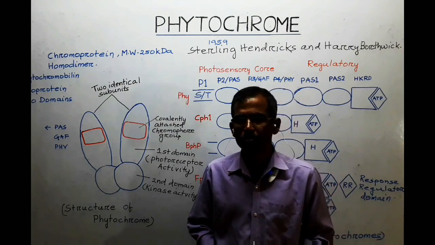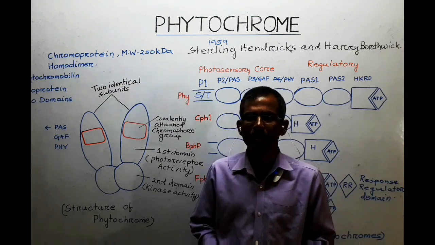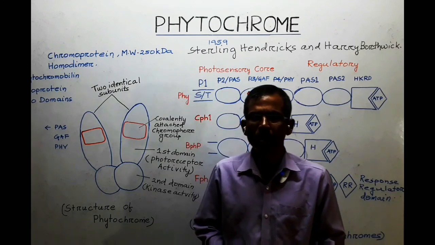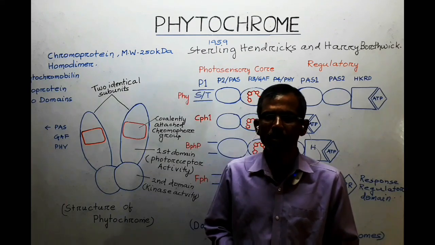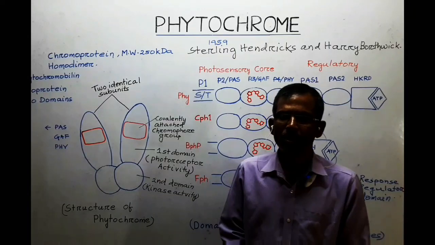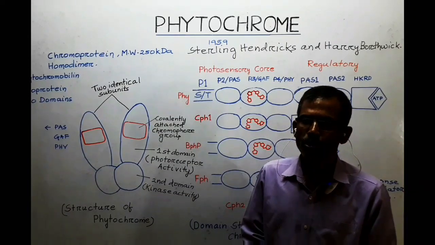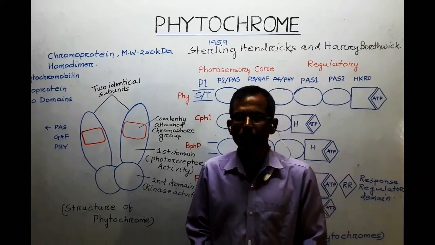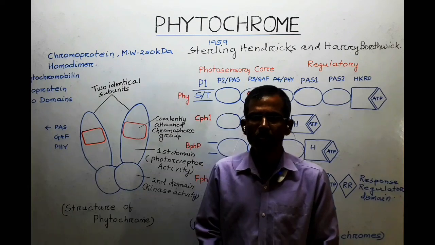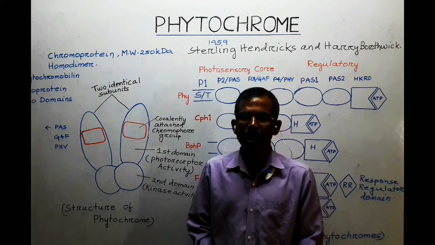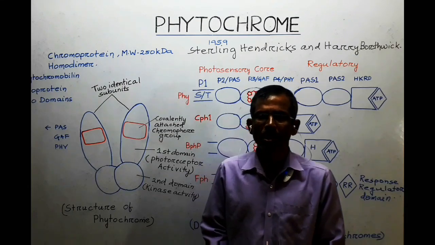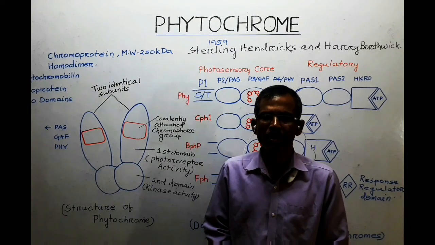All phytochromes utilize a covalently attached bilin chromophore that enables photoconversion between a red light absorbing form and a far-red light absorbing form. Phytochromes are thus photoswitchable photosensors.